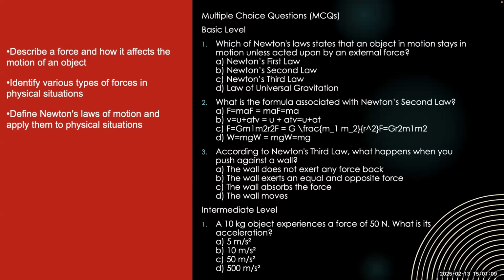This generative AI, and this was ChatGPT, the free version that I used to create these, gave us three levels of questions: basic, intermediate, and then there's an advanced level on the next slide, and three questions in each category. They're all multiple choice, A, B, C, D. Accuracy wise, they all look very accurate.